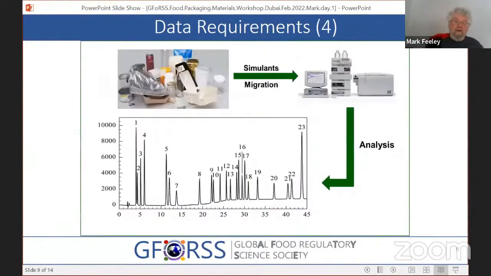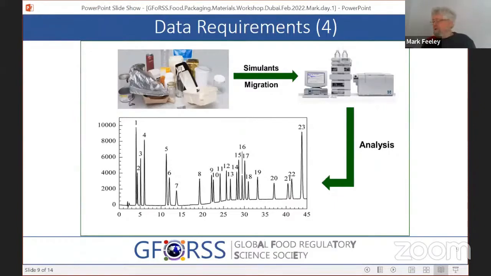So we're going from an area where you're looking at non-intentionally added substances that are migrating, associated just with the manufacturing of the packaging material, to actual chemicals that are being added specifically for interaction with the food.